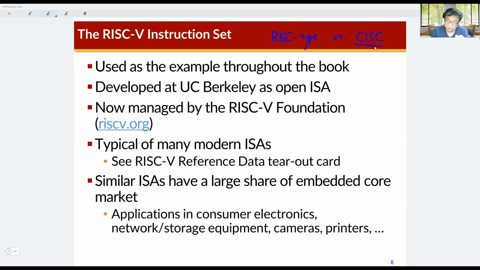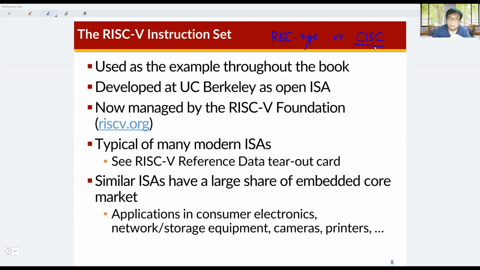RISC means reduced instruction set computer, and CISC means complex instruction set computer. That means RISC type instructions are simpler than CISC type ISA. That's why the RISC type ISA is called the reduced instruction set computer.